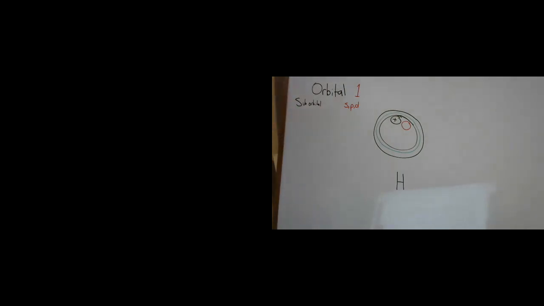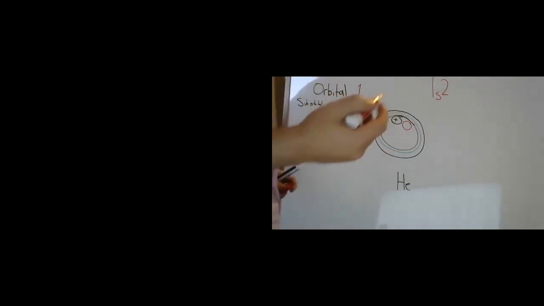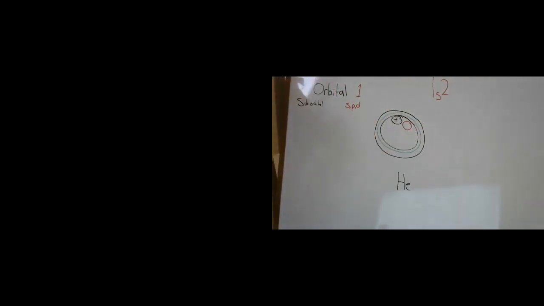We know it has 1 electron in 1 electron shell, so it's going to be in orbital 1, suborbital s, and there's going to be 1 electron in that suborbital. If we go to helium, which is the next one, it's in period 1, so we have 1 shell, an s orbital that has 2 valence electrons inside it.